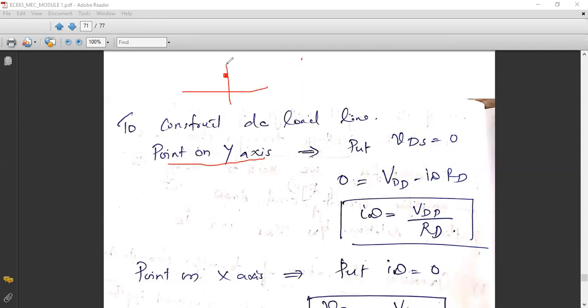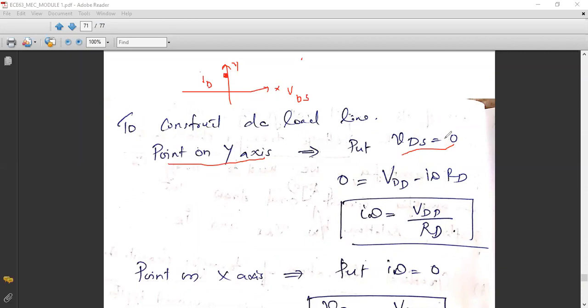It is 0, right? In the x-axis here we are considering VDS and in the y-axis we are considering ID. So to find a point on the y-axis, we have to keep VDS as 0.